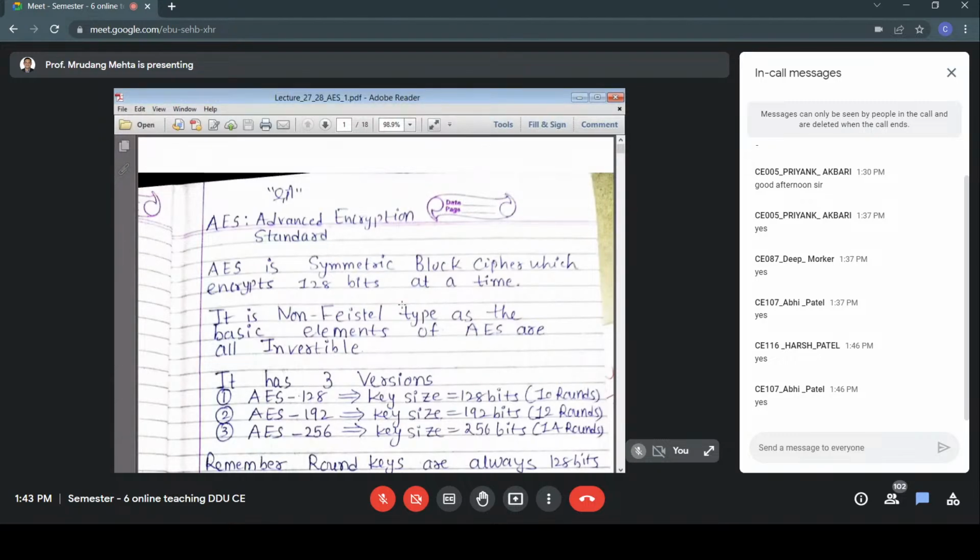Because of its strength, it is used. It is again a symmetric block cipher which encrypts with a 128 bit block. What is the block size of DES?